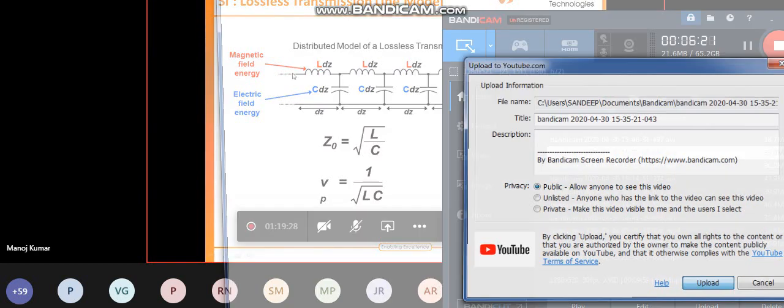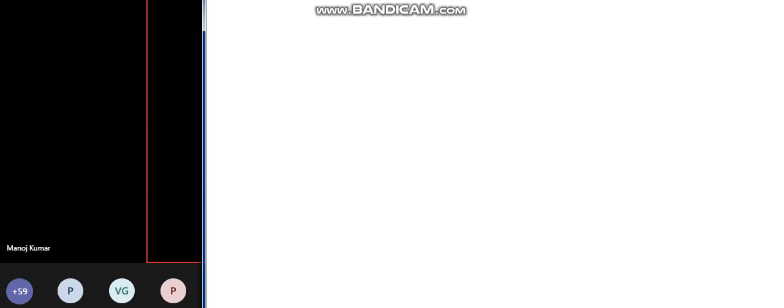Now there are two types of transmission line modeling: one is the lumped model, and one is the distributed model. A lumped model is when you take all the L and all the C and combine them into one L and one C seen by your transmission line. It can be modeled as a lumped lossless transmission model.